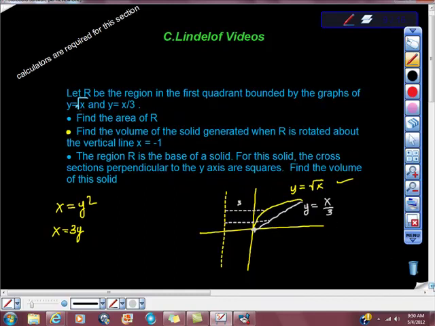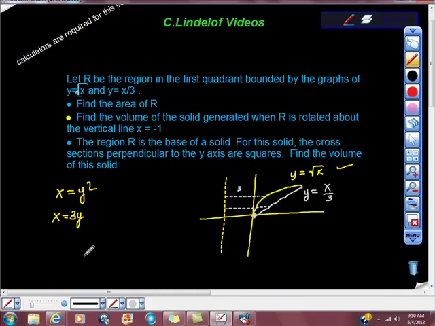So when we set up this integral, we're going to do it this way. This is important too. We have this point here, the point (9,3), right? So we have the interval 0 to 3. We have pi because that's the volume. So volume is equal to this, isn't it? And then the outside piece is this one.